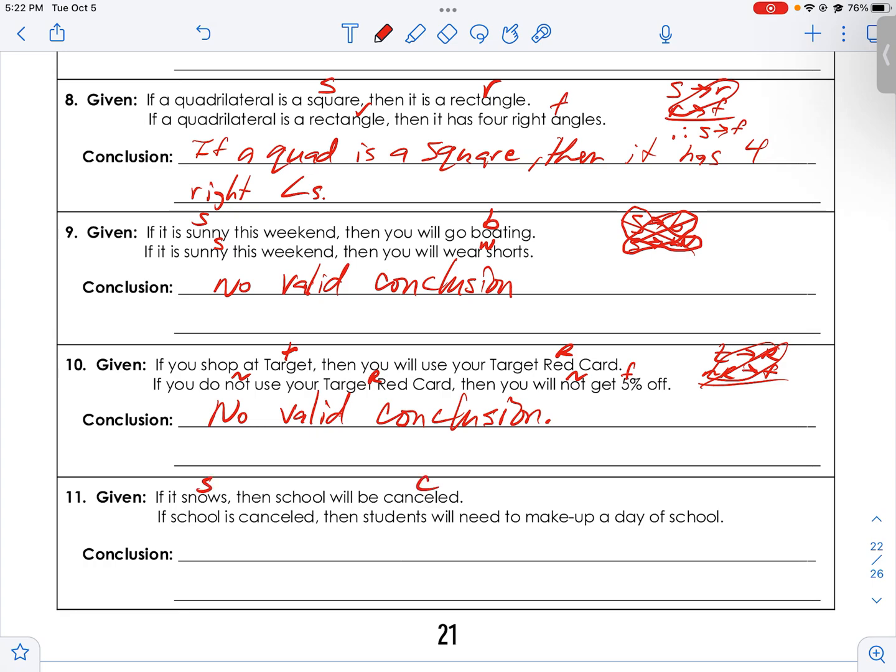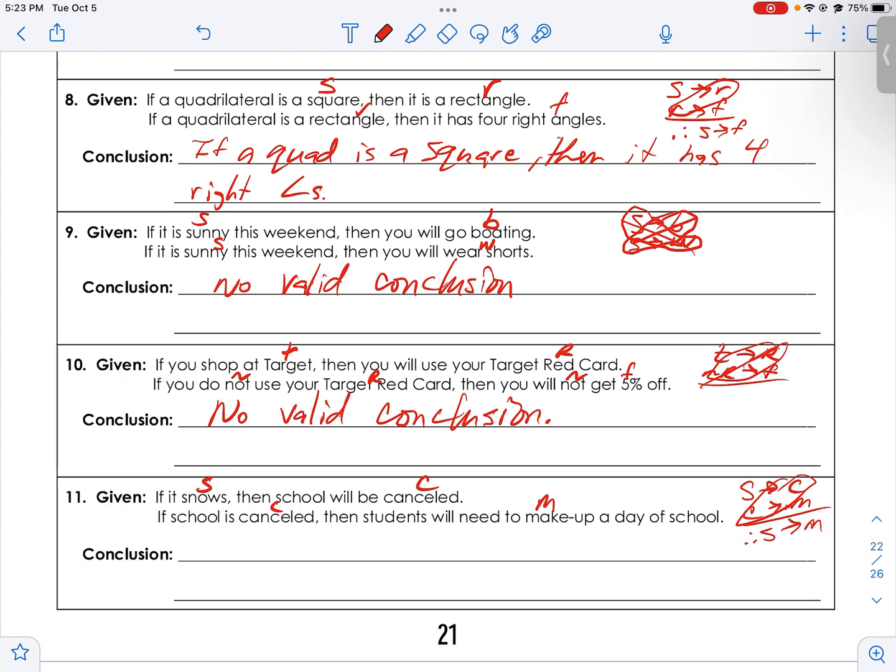If it snows, then school will be canceled. Snows, canceled. If school is canceled, then students will need to make up a day of school, M. So if S, then C. If C, then M. I got a link.